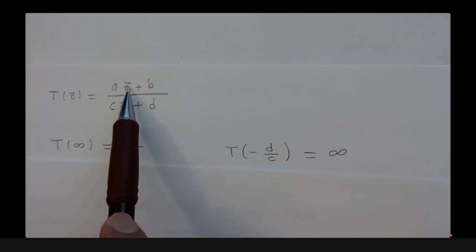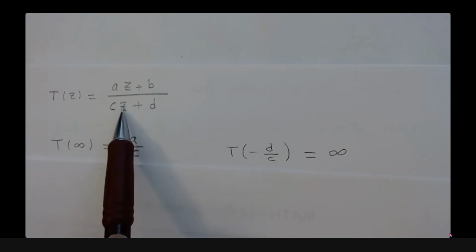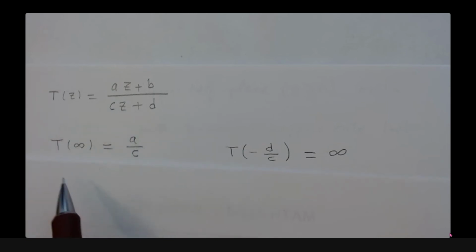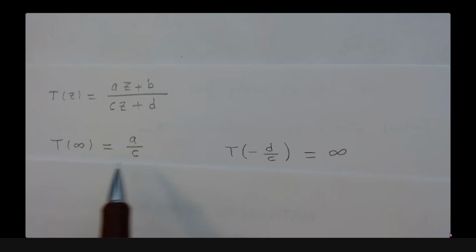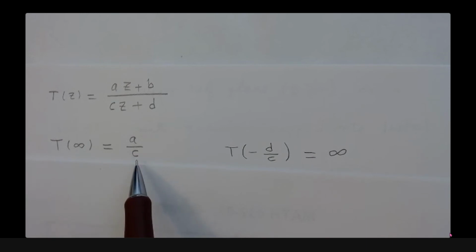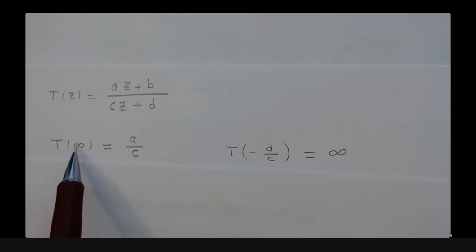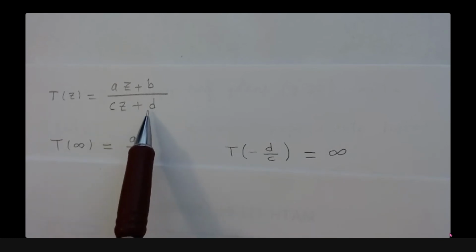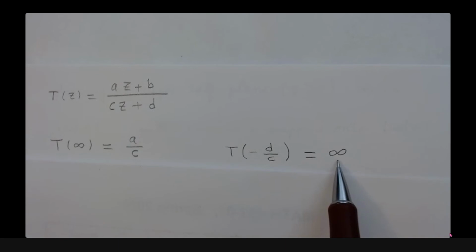And if you take the limit as z approaches infinity, you'll get a over c, right? So for convenience, we will include infinity in our arithmetic here. So T of infinity is a over c. T of negative d over c, where the denominator is 0, is infinity, okay?